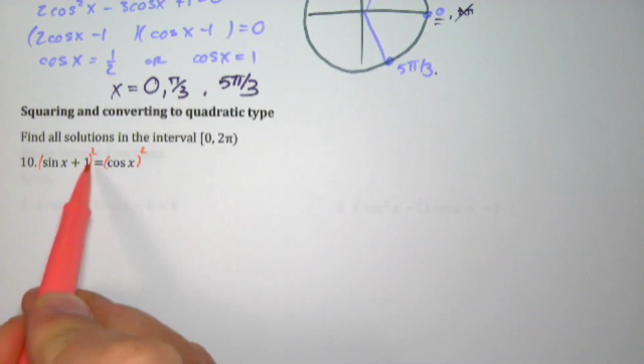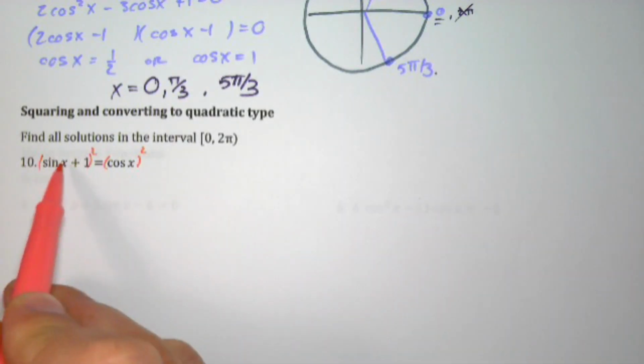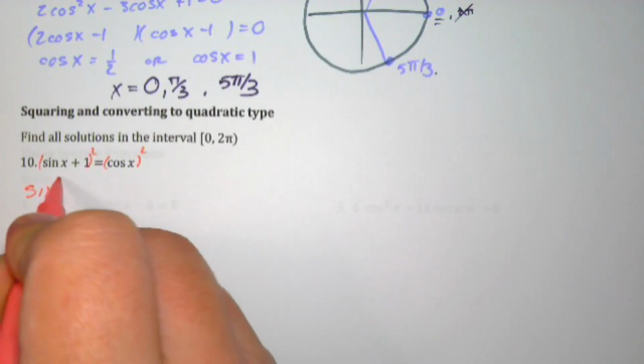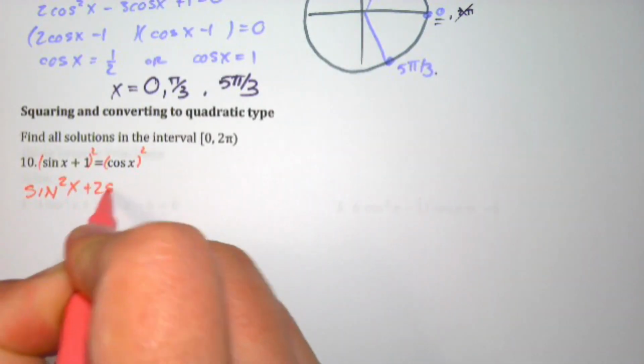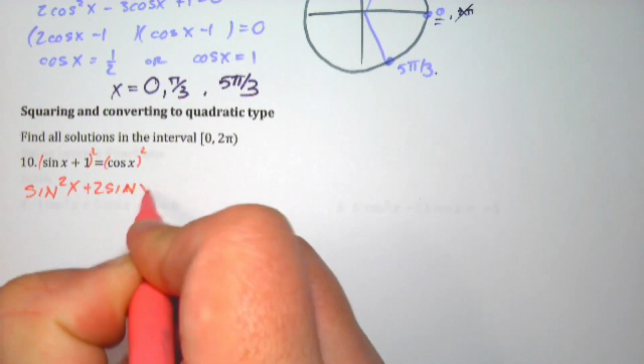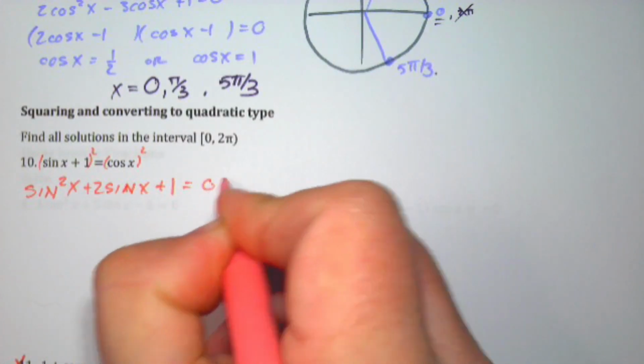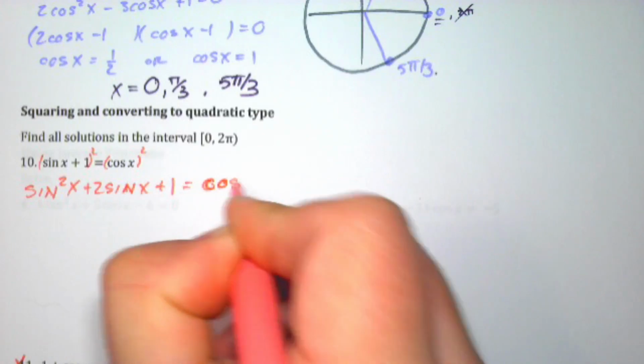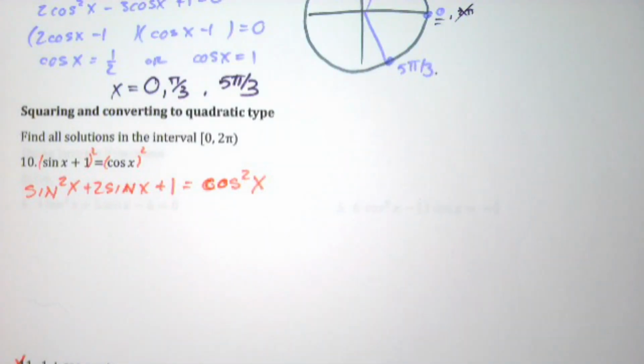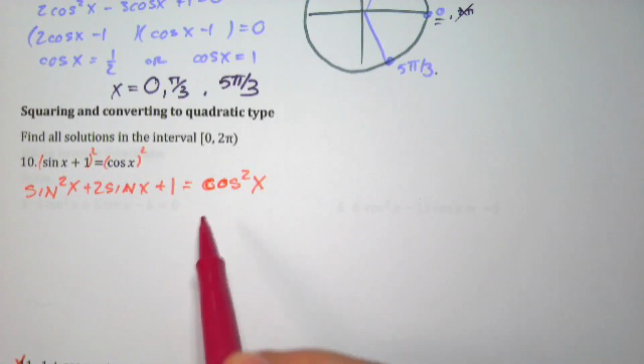Now, if I square the left, right, I can expand that. I get sine squared x plus 2 sine of x plus 1, which is nice. It's starting to look quadratic now. But what's even more important for us is the right-hand side turns into a cosine squared x. And we like that for the same exact reason from number 9.